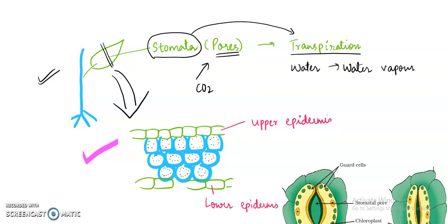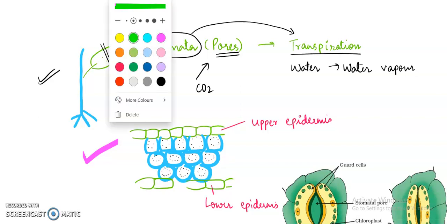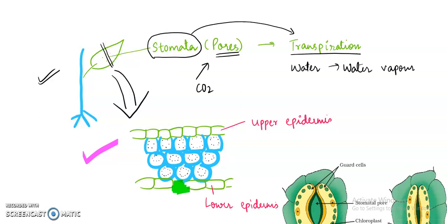Now on the lower epidermis, you can see that I have made a gap here. Here there is a gap where I am coloring green. This gap is for stomata. So these gaps in the leaves, and even the green areas of stem, allow CO2 to come in, which will be utilized for photosynthesis, right?